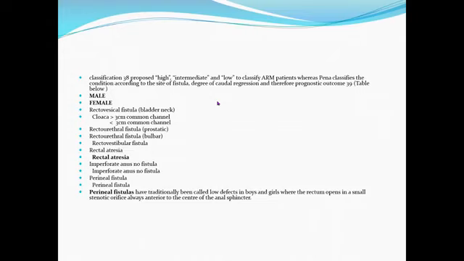rectourethral fistula. But in case of female, in between rectum and bladder, there will be the vaginal tract, and the vaginal orifice is situated in between the urinary and rectal compartments.